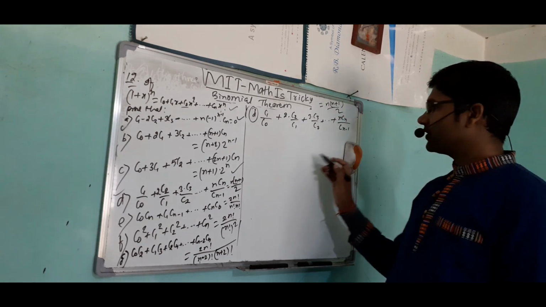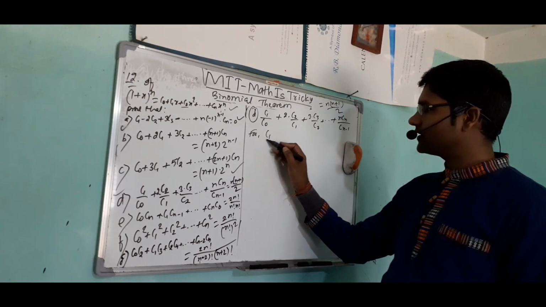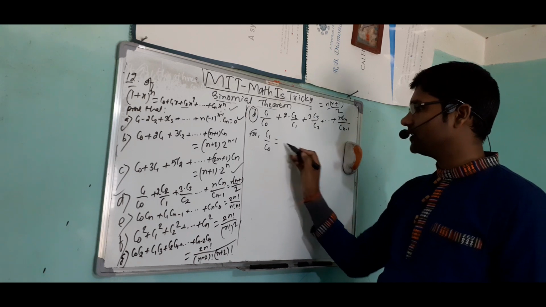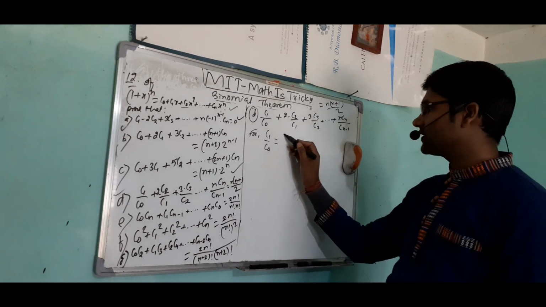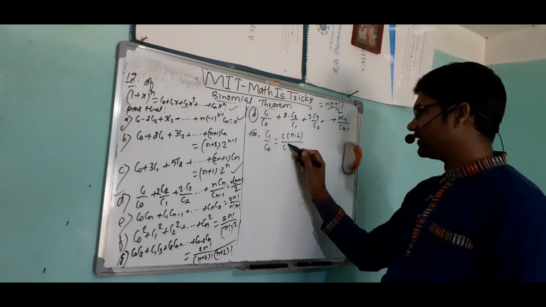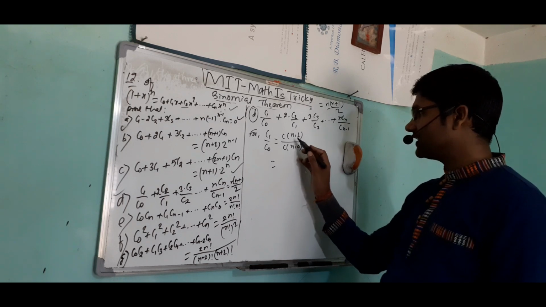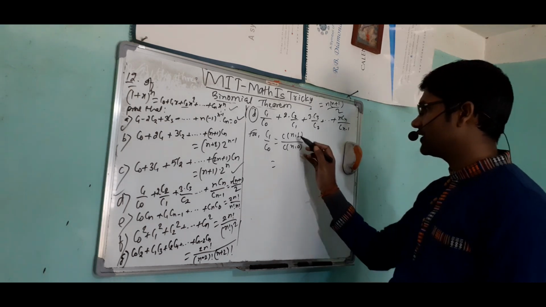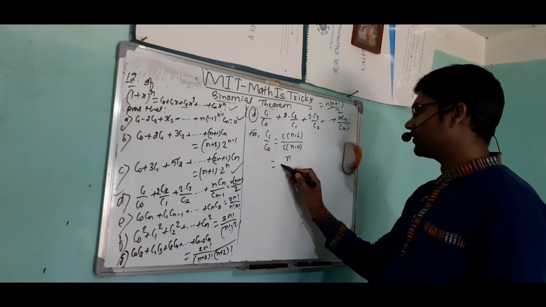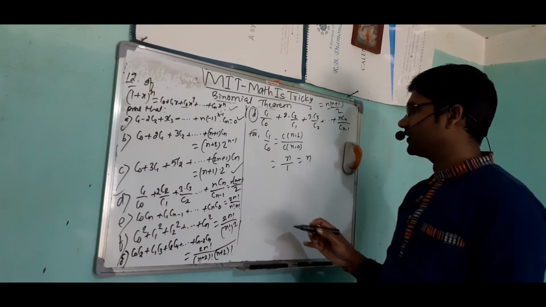For this we need to find the value of C1/C0. C1 means nC1, divided by nC0. The formula of nC1 is n, and the formula of nC0 is simply 1. So it is simply n.